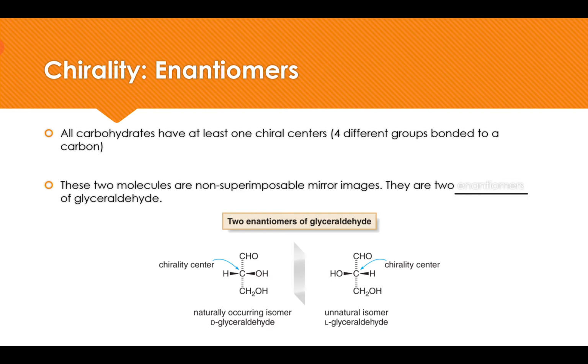All carbohydrates except for dihydroxyacetone have at least one chiral center. Remember, to be chiral, you have to have 4 different groups bonded around your carbon atom. And so for this molecule, which is D-glyceraldehyde, it has 1, 2, 3, 4 different groups on it.